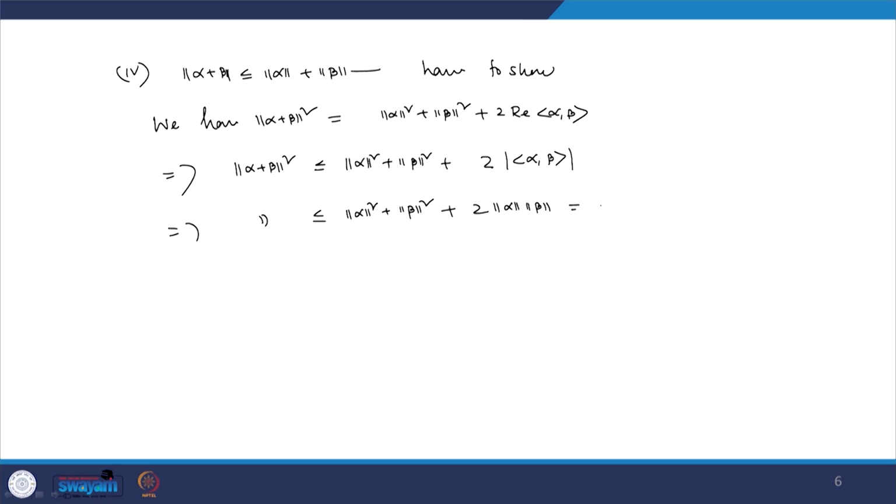So, this is equal to norm of alpha plus norm of beta whole square.